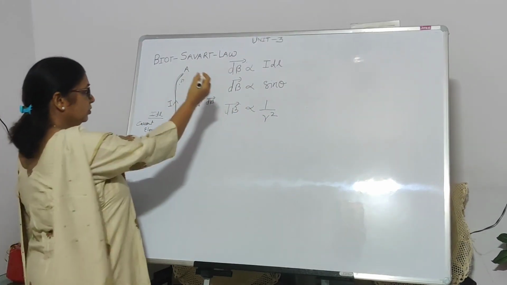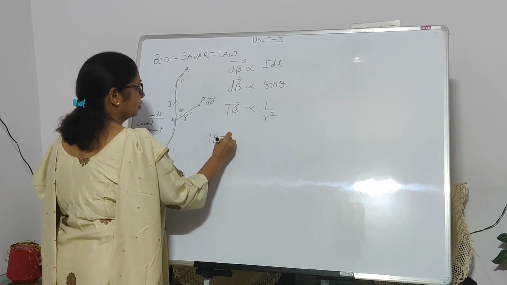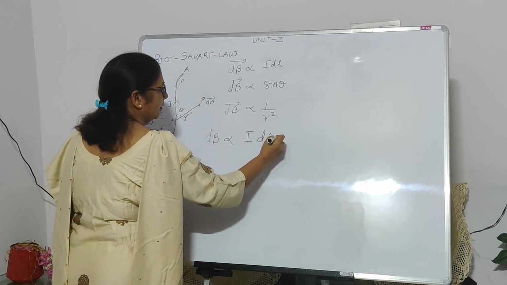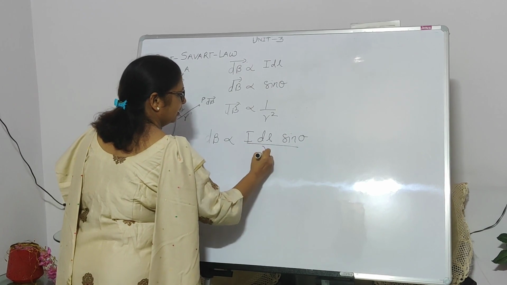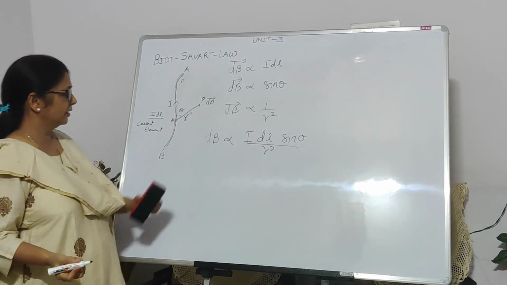From these three things, dB is proportional to I dl sine theta upon r squared. Now there is a proportionality constant.